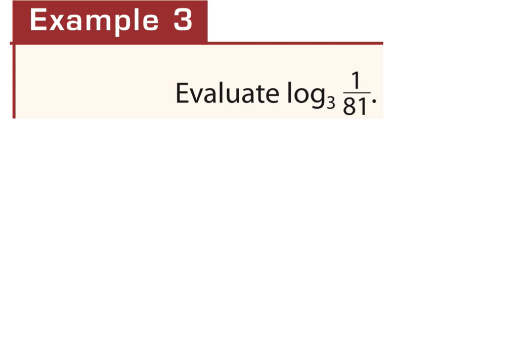So if you want to evaluate something like this, the easiest thing to do is say that is going to equal some number that I need to know. And again, your brain doesn't typically go to logarithms, so if you rewrite it in exponential form, it will make more sense. If I were to rewrite this, this is my base, this is my exponent that I'm looking for, and that is what all of it equals.